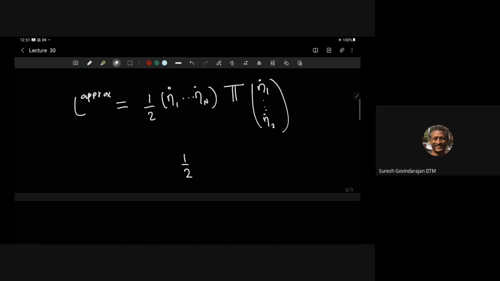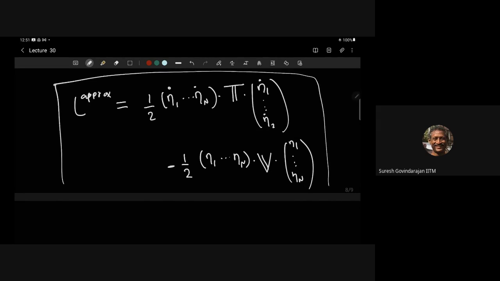Oh, it's T minus V, so I'm fine. So this generalizes the one degree of freedom case. We just got everything quadratic and nothing else. There's nothing more. So this is the version. So L approx determines the stability.